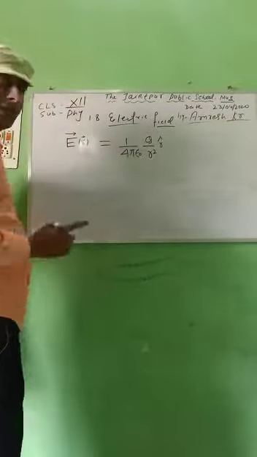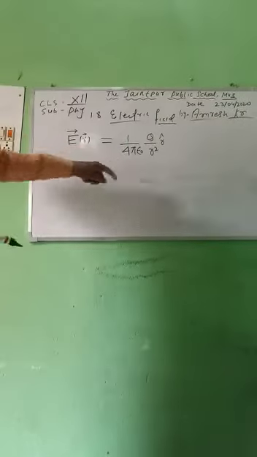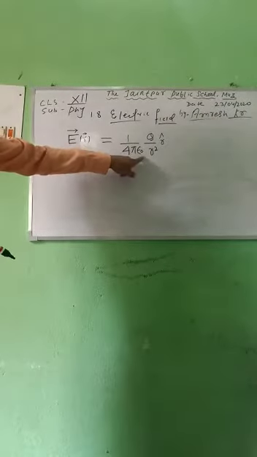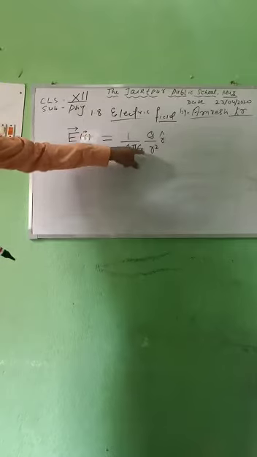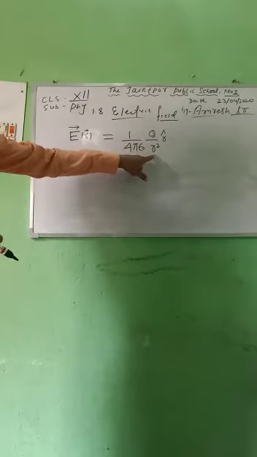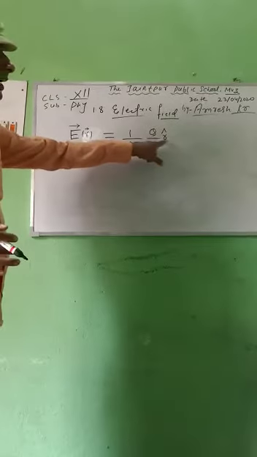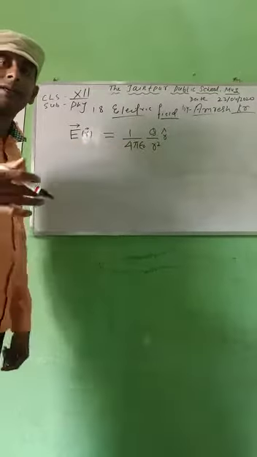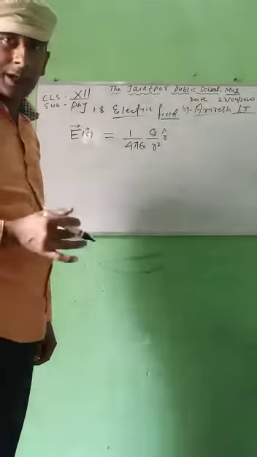This is all about the electric field. And epsilon naught is the permittivity of free space, Q is the source charge, r is the position vector of test charge, and r cap is the unit vector in a given direction of test charge.